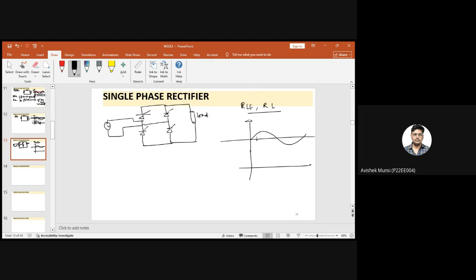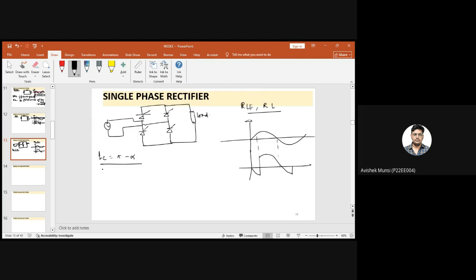My output will be like this. Okay. So in this case, what will happen? The value of the conduction time will be pi minus alpha.